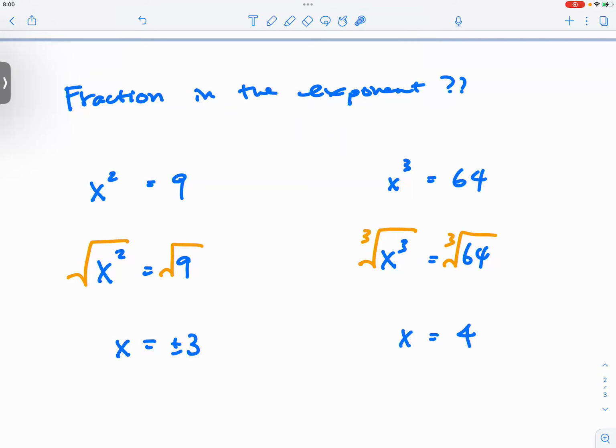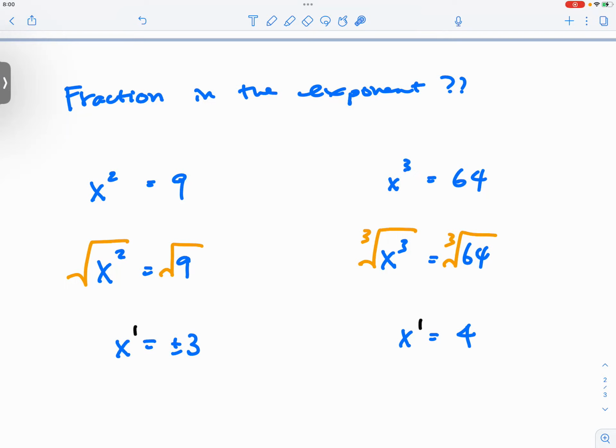That should be placed here. 1, right? So we don't write it, but you know it's equal to 1. So now we have a very simple question: how in the world do we have an exponent of 2 and it becomes 1? How do we have an exponent of 3 and now it becomes 1?